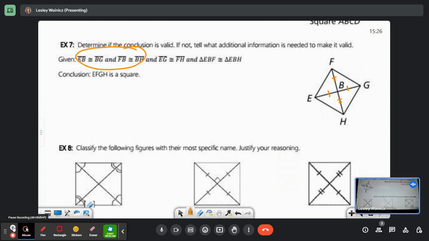If the diagonals bisect each other, it could be more general than a rhombus. Equilateral.